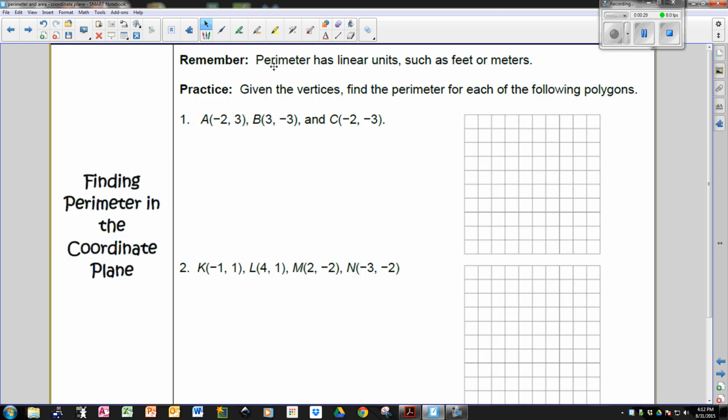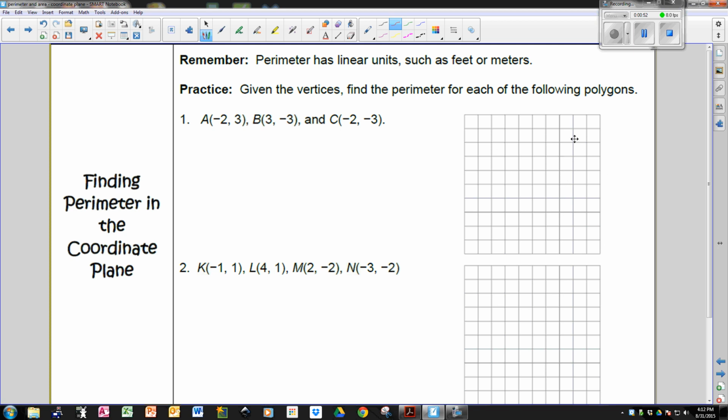It says, remember, perimeter has linear units such as feet or meters. So let's go and do, it says, given the vertices, find the perimeter for each of the following polygons. So the first thing we need to do is plot the points. So let's go with a red. So -2, 3.